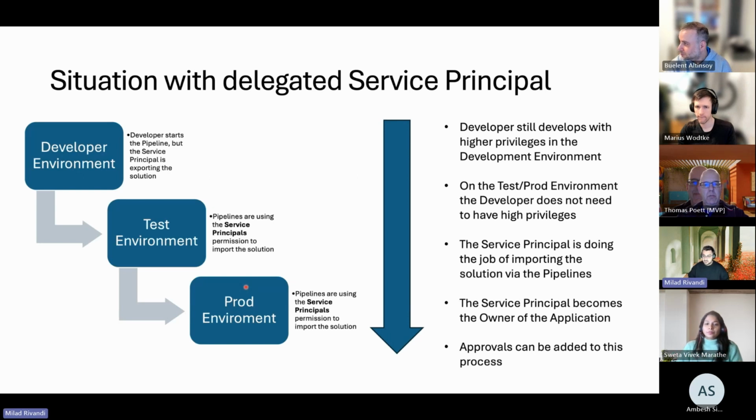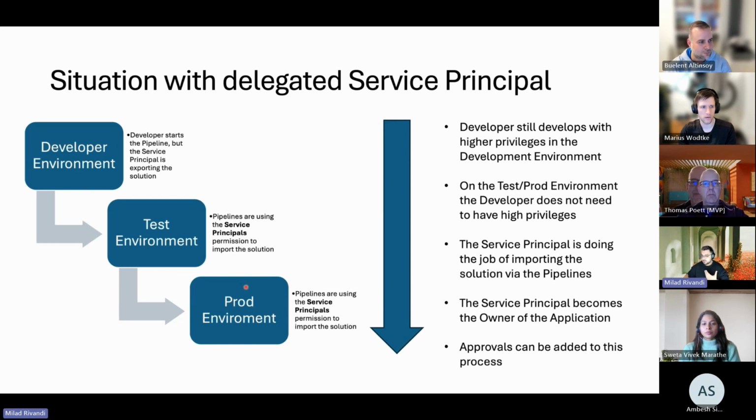Let's assume the developer has their own or a shared developer instance where they work on solutions. Usually they most likely have high privileges on that environment, but you don't want these people to have the same high privileges in the test and prod environments. So you use the service principal as a replacement for the developers' credentials or permissions to upload the solution.